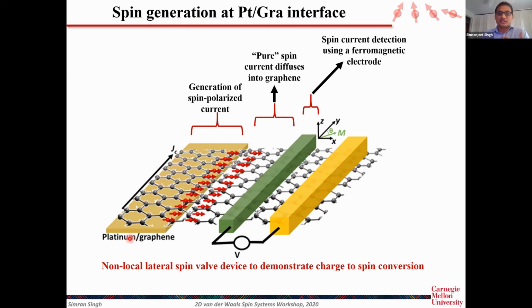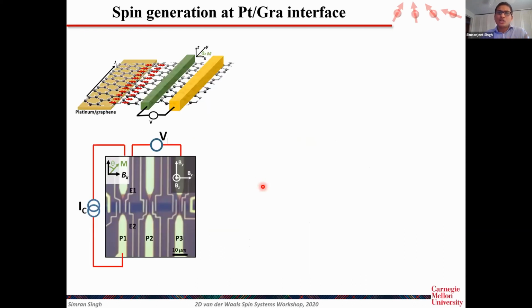If I apply charge current, say along the y-axis, I'm going to get spin polarization along plus/minus x direction, and these spins can diffuse into graphene, and then they can be detected by another ferromagnetic electrode. So first, we are focusing on the spin generation at the platinum graphene interface.